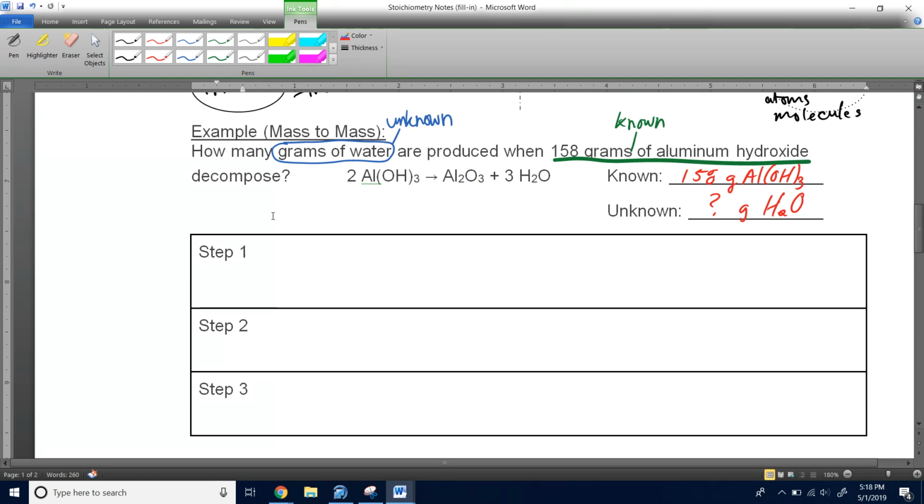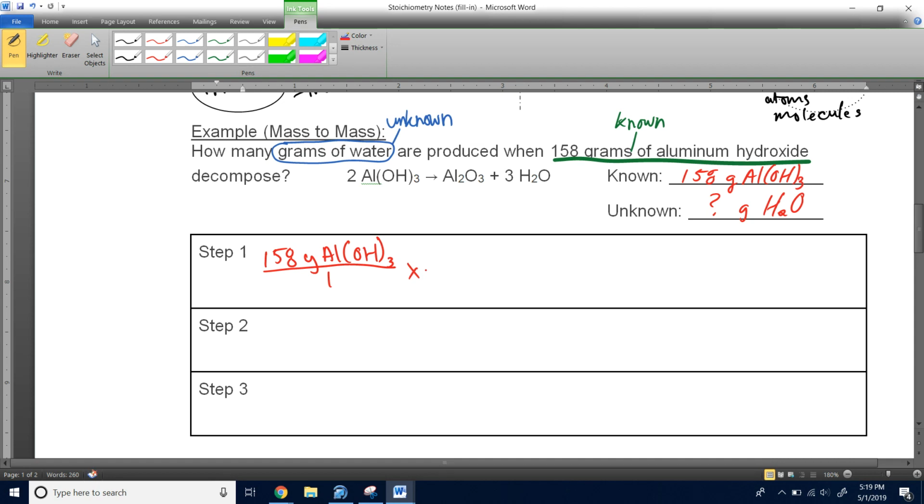So the first step that we always have to do is write down what's given. So what's given is 158 grams of aluminum hydroxide. And we always put that over 1.